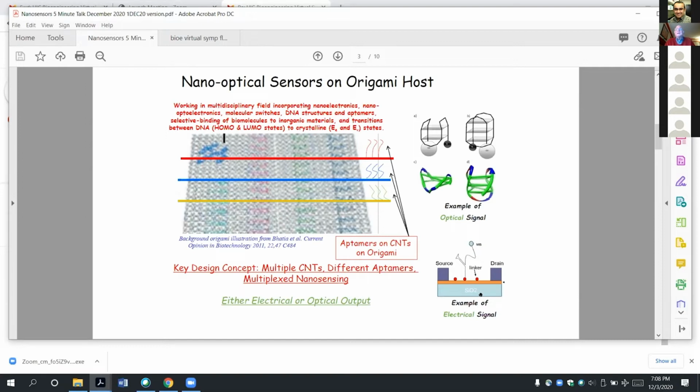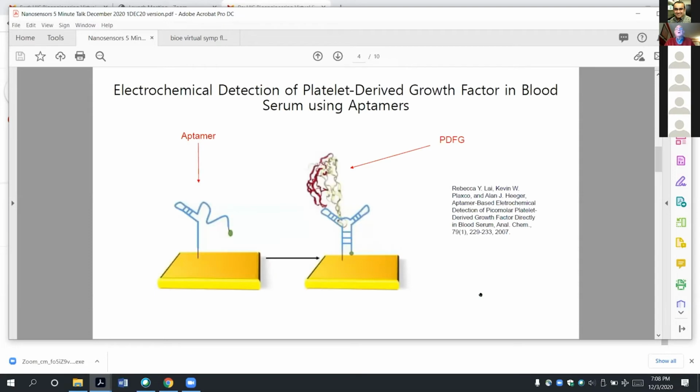The lower right is a transistor structure where there's an aptamer functionalized to the surface, and on the end of the aptamer there's a molecule methylene blue, MB, which is electron rich, and when it binds to the analyte, there's a conformational change in the DNA aptamer, and one can get a current between the source and the drain. So they're both electrical and optical modes.